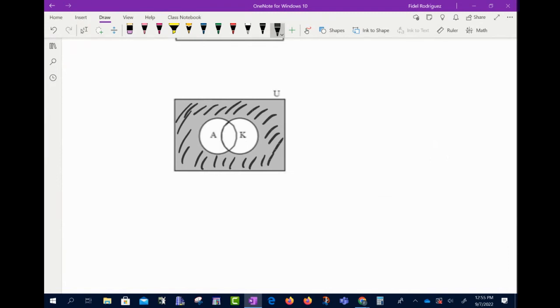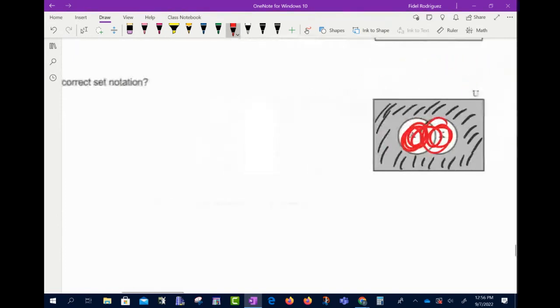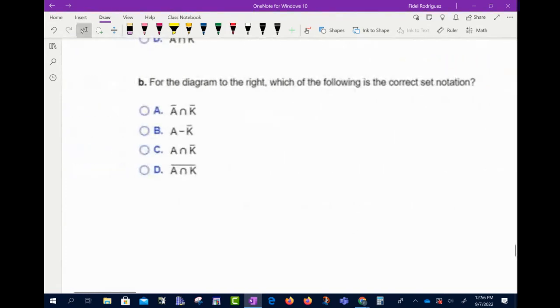Everything outside of the union of those two sets, because I know the union of those two sets would be everything here, and we picked everything except for that. So it's kind of like we did A union B, and then we did the complement. So the first thing I'm going to do is ask, do I have something that looks like A union B and then the complement? No, because everything here happens to be intersections.